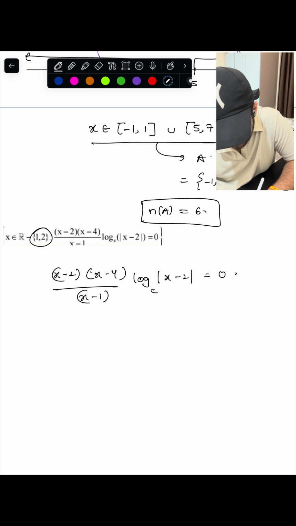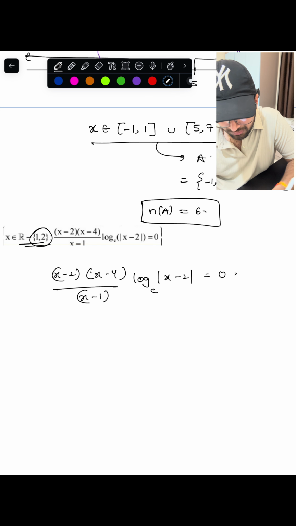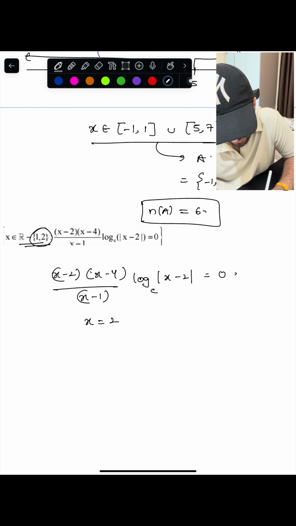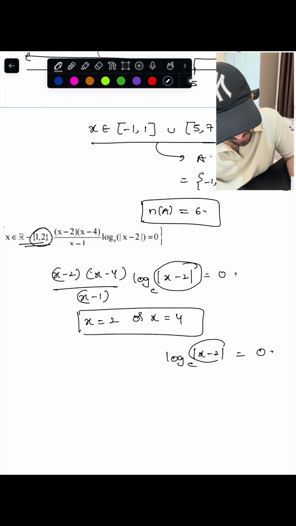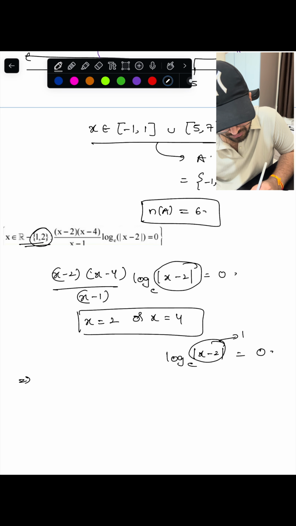So it will be 0 when x equals 2 or x equals 4, clear, and it will also be 0 if the logarithm is 0. So that means log of mod of x minus 2 to the base e should be 0, means this has to be 1. Which indicates that mod of x minus 2 equals 1.